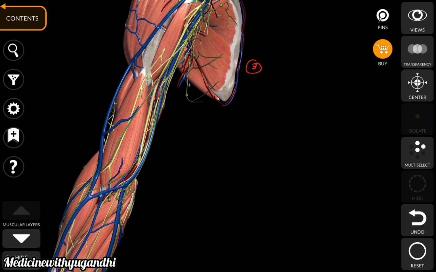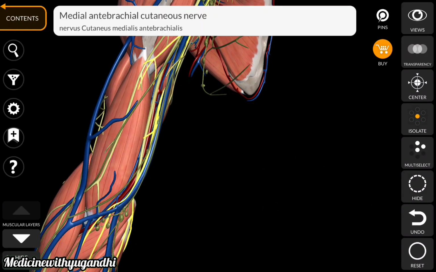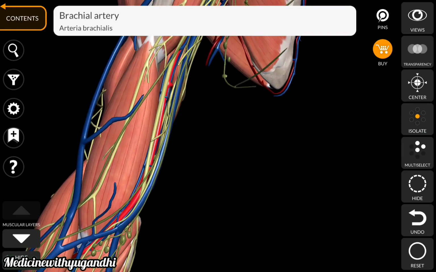Then coming to the third relation. This is the median nerve and here you can see the brachial artery. In the middle of the arm, the median nerve crosses the brachial artery from the lateral side to the medial side.